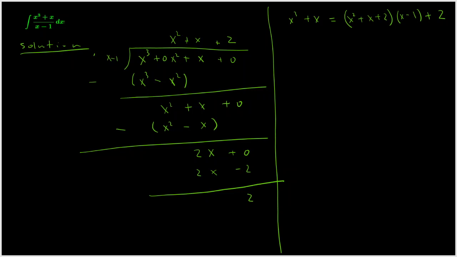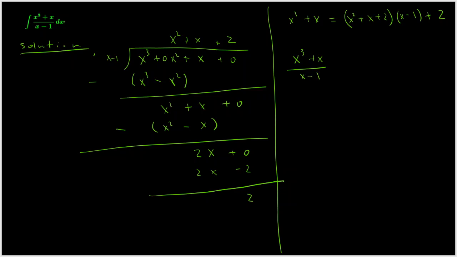What do we do next? Originally we want to integrate that rational function, right? At this point, you divide both sides of the equation by x minus 1, and you have the given integrand, x cubed plus x plus 3 over x minus 1.